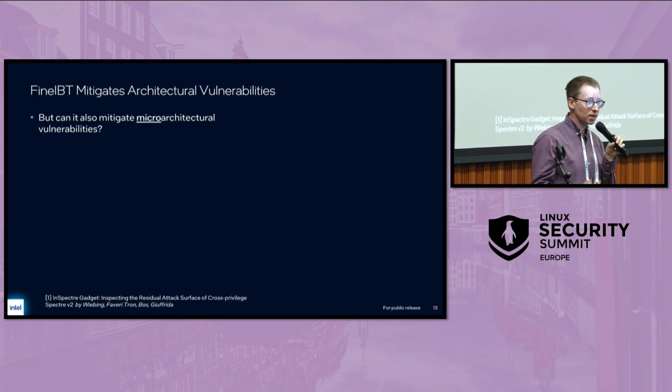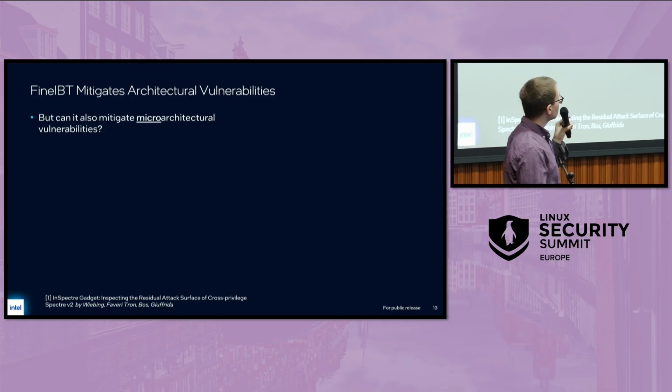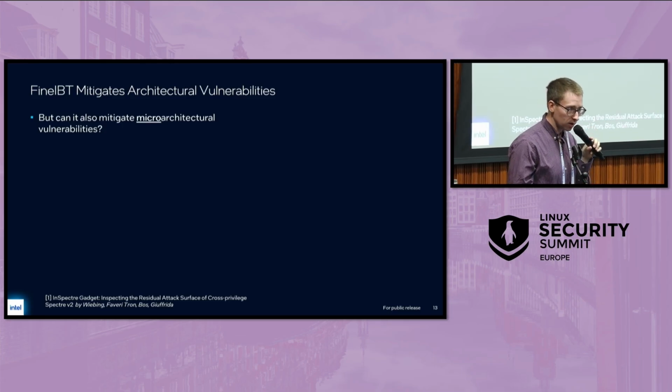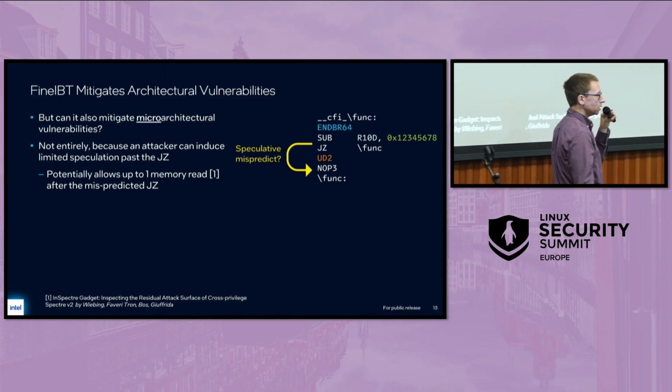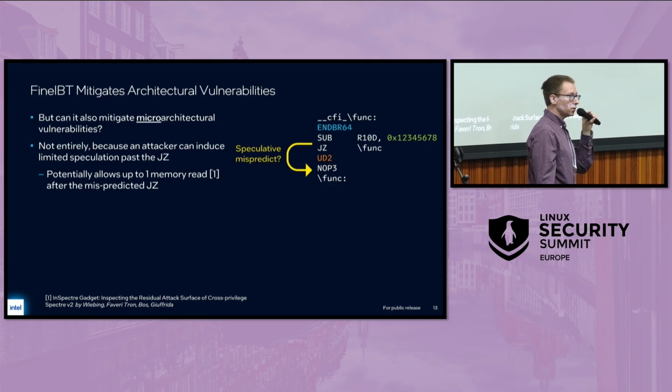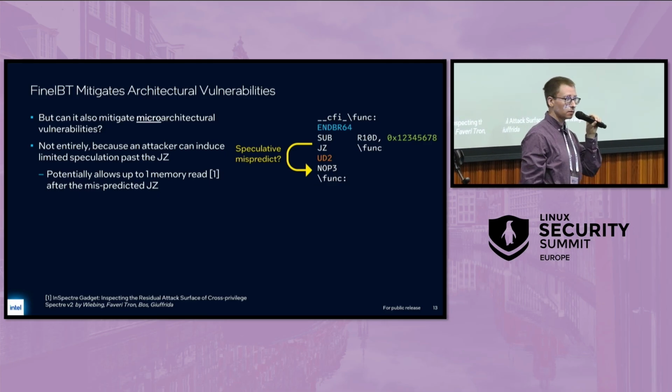So that's how FineIBT mitigates architectural vulnerabilities, your classical COP attacks. But can it also mitigate microarchitectural vulnerabilities? And the answer is not right out of the box, because the mitigation itself introduces an additional conditional branch, the jump if 0, and that can also be predicted by the processor. Therefore, it can also be mispredicted by the processor.